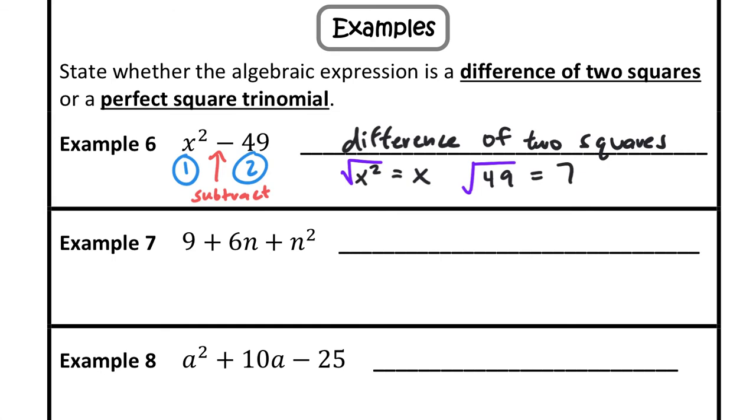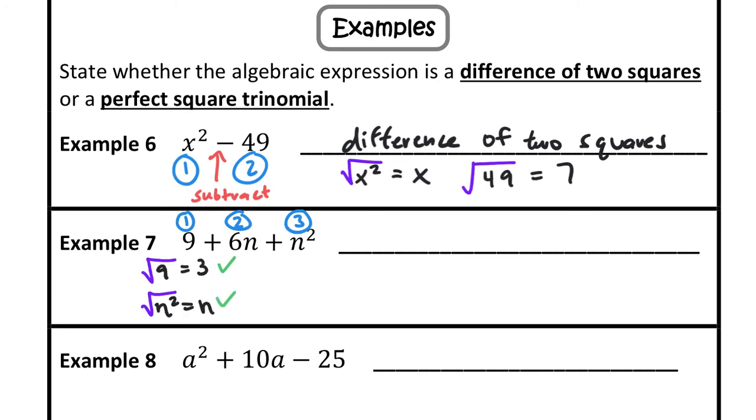All right, the next one, is it a perfect square trinomial? Is it made up of 3 terms? Let's see, I have 1, 2, 3. Yes, it's made up of 3 terms. Can I take the square root of the first term, 9? Yes. Can I take the square root of the last term, n squared?